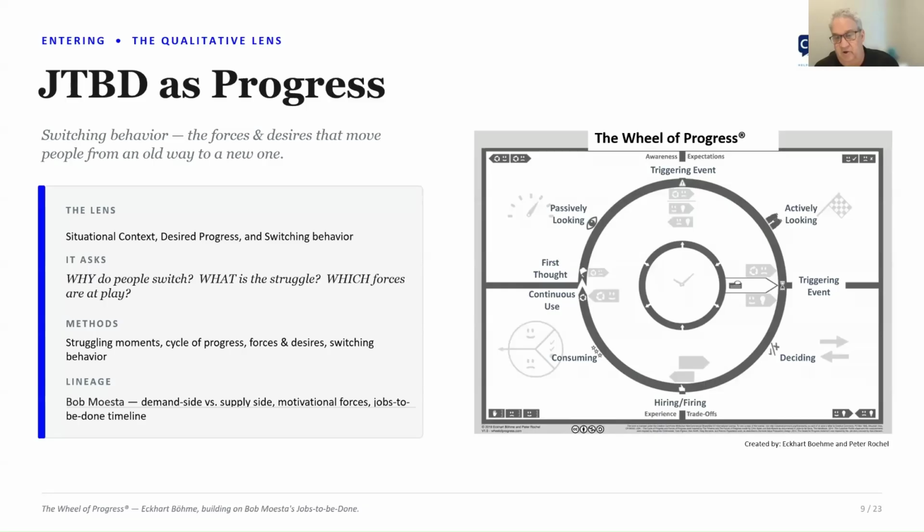And so studying and understanding how people go from first thought or struggling moment to passively looking for solutions, to actively looking for solutions, to deciding, to hiring and firing. And I use the words hiring and firing because when you hire something, you typically fire something that wasn't working. And so we're studying that cycle of progress from context of what I'm currently doing isn't working anymore.